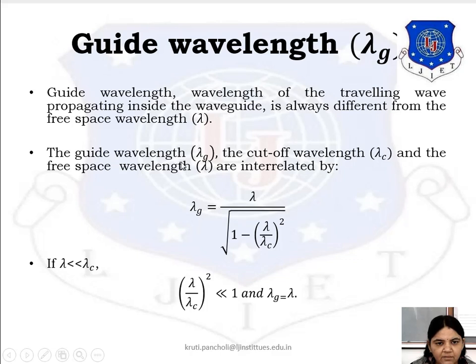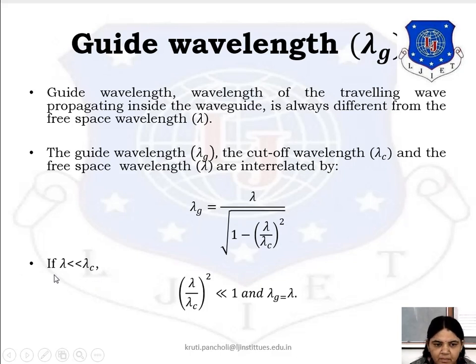The guide wavelength lambda g, the cutoff wavelength lambda c, and the free space wavelength lambda are interrelated by the equation lambda g is equal to lambda upon square root of 1 minus (lambda by lambda c) whole square.